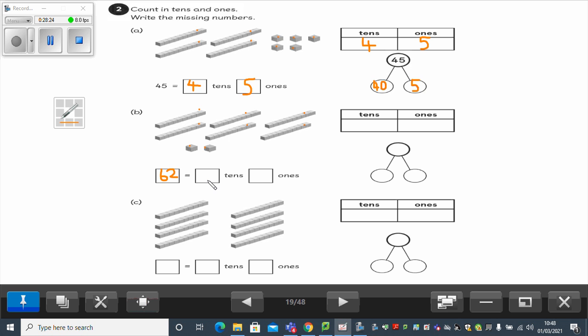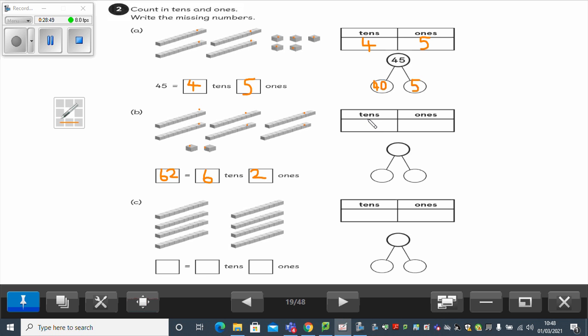So how many 10s do we have? Well, let's count how many 10 rods there are altogether. Ready? 1, 2, 3, 4, 5, 6. So we have 6 10s and 2 1s. So 62 equals 6 10s and 2 1s.